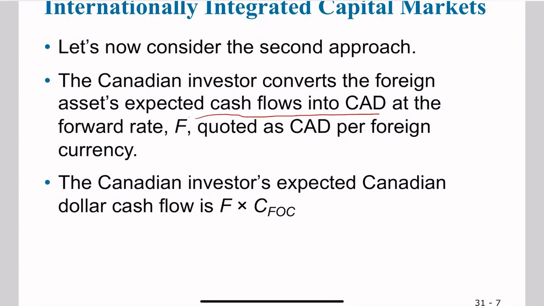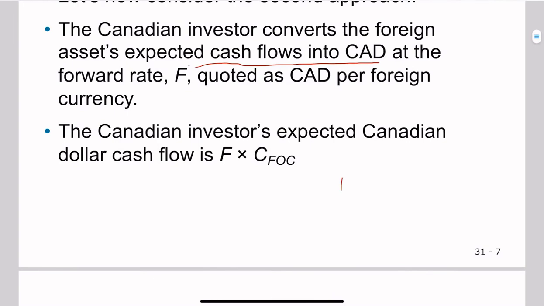However, the investor can only convert the expected cash flows in the future into Canadian dollars, which means this investor cannot use the spot exchange rate, right? So if you think about the timeline, let's say the cash flow will be paid in the next period, right?